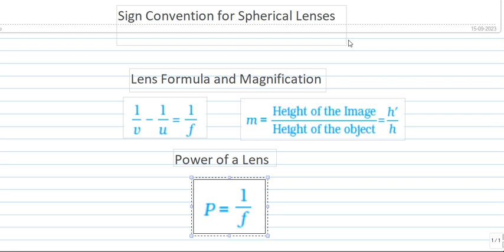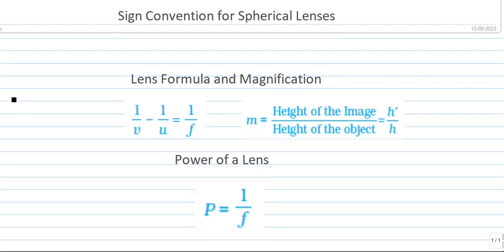The next thing we will see is the lens formula and magnification. For the lens formula, what do we have? 1 by V minus 1 by U is equal to 1 by F. It is very similar to the formula we saw previously, where V is the image distance, U is the object distance, and F is the focal length.